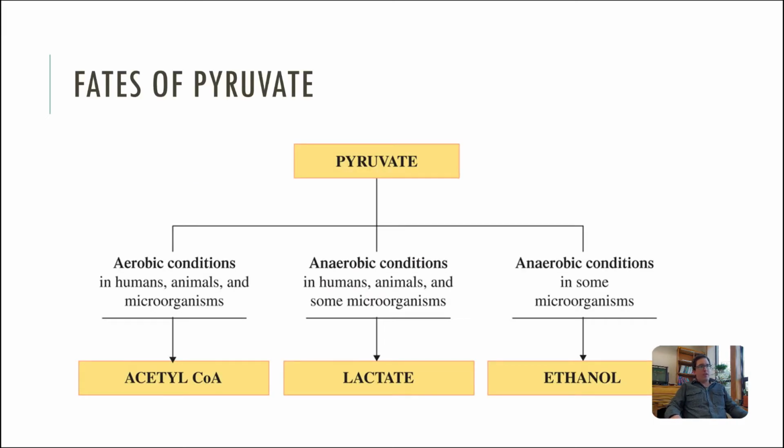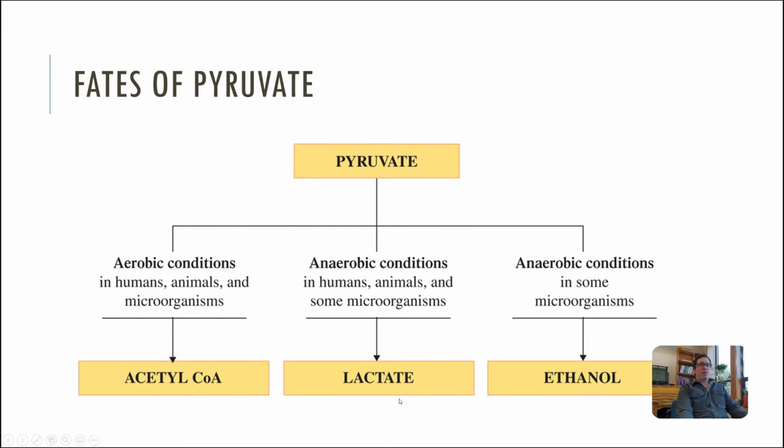Alright, so under normal aerobic conditions in humans, animals, plants, and many microbes, pyruvate will ultimately turn into acetyl coenzyme A and feed into the citric acid cycle like normal. Under anaerobic conditions in humans, animals, plants, and some microbes, that pyruvate will turn into lactate during a process called fermentation.